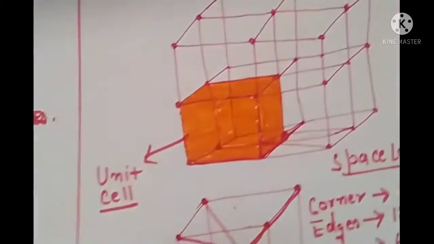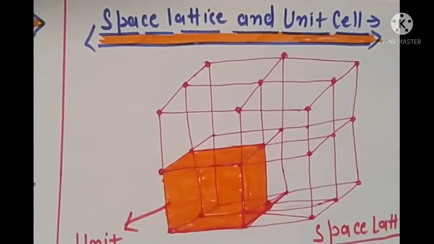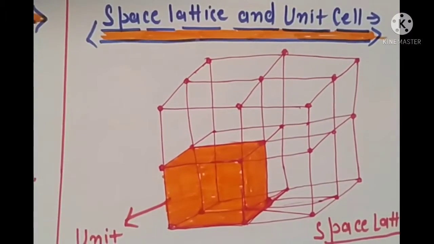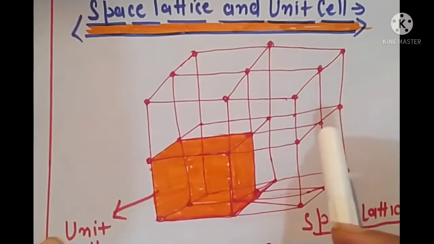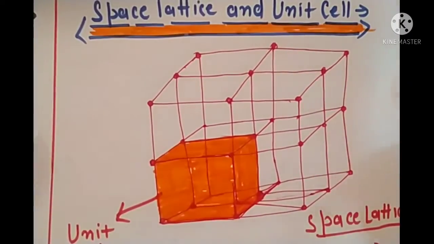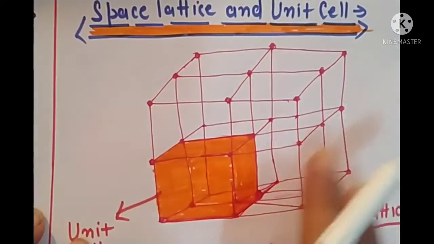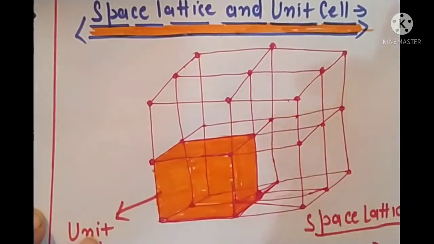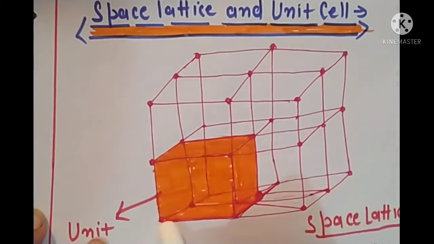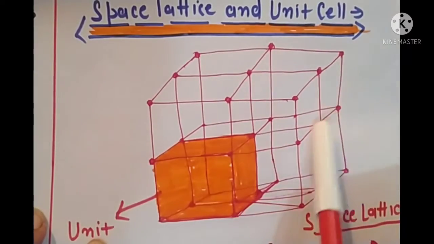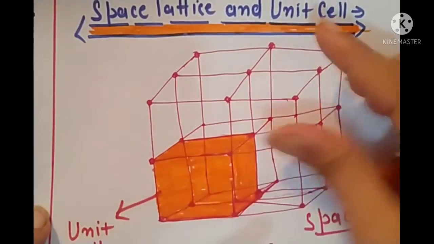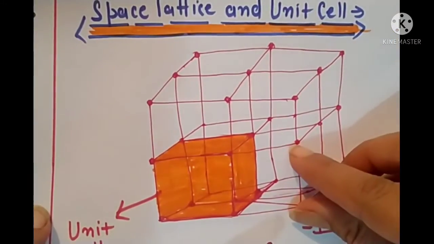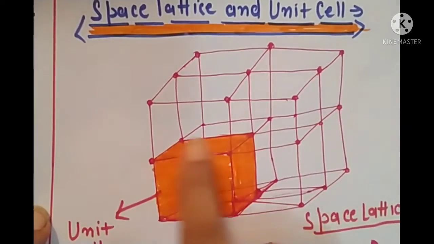Now understand space lattice and unit cell with the help of a diagram. Here suppose you have a one-story building, which I have drawn here. This is the ground floor of the building and this is the first floor.